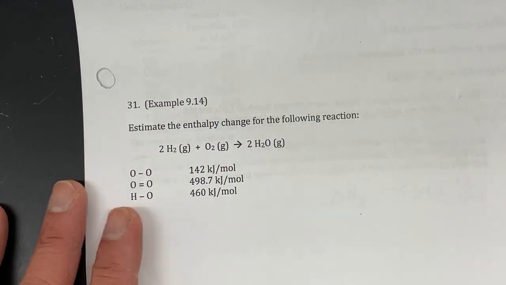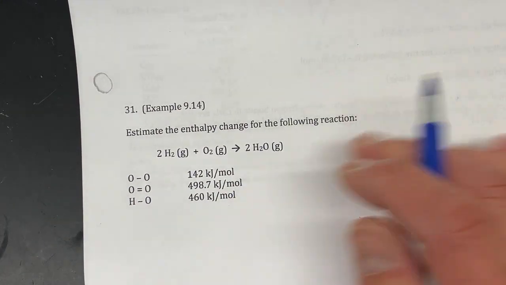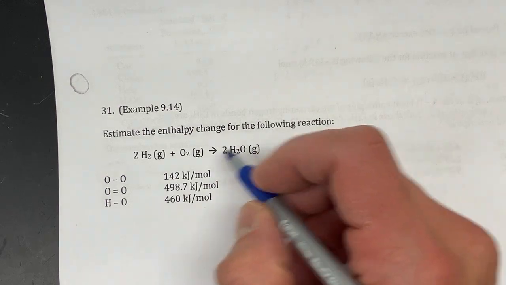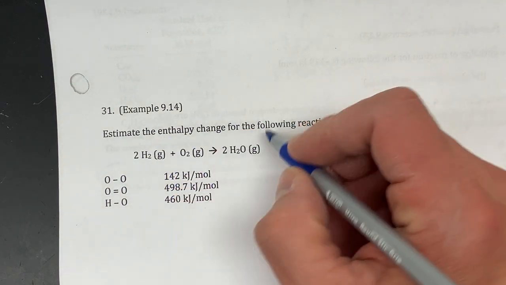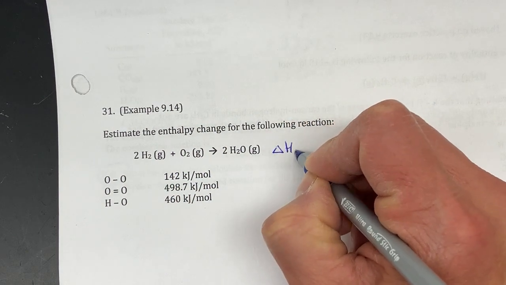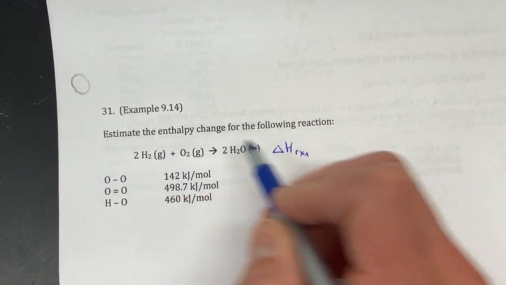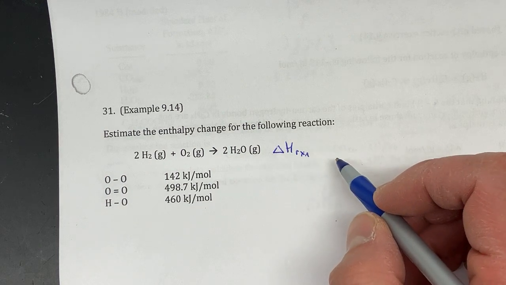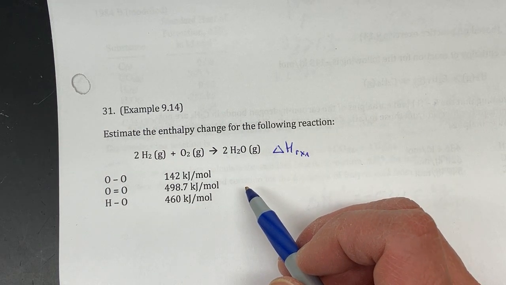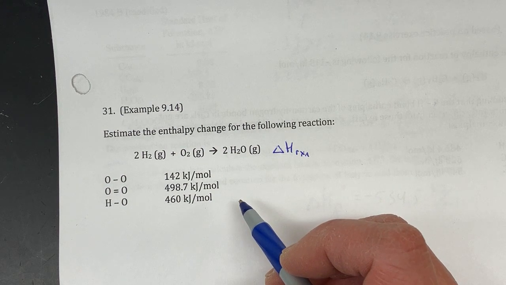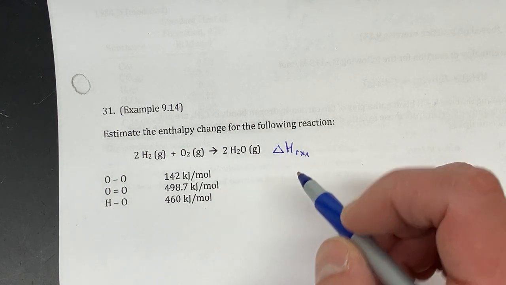So in this video, we are going to look at bond energies and how the bond energy relates to the delta H of the reaction, or the change in enthalpy for the chemical reaction. If you remember, in the direct method, they give you standard enthalpies of formation.